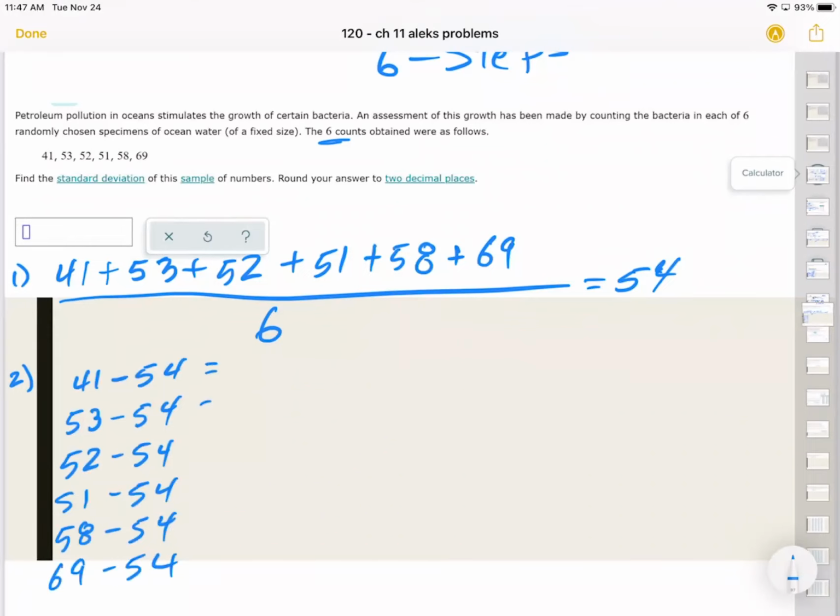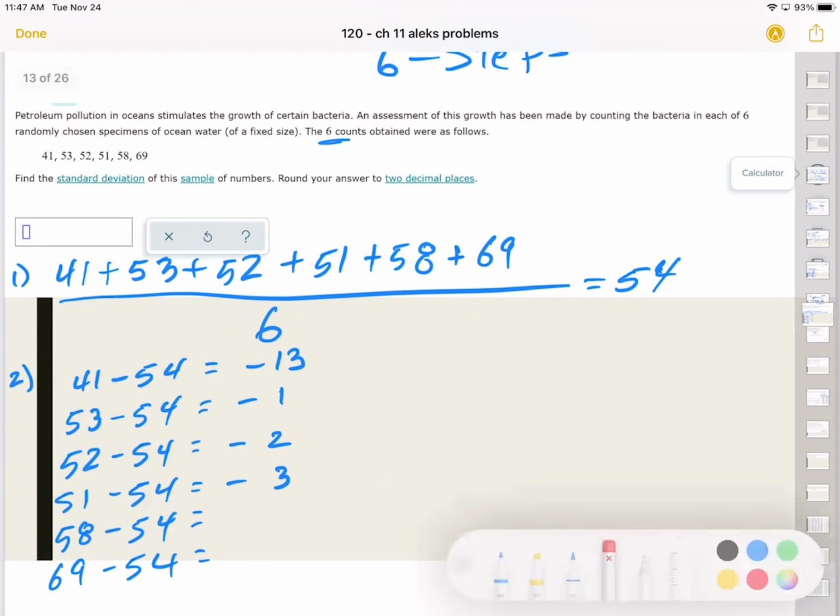Basically, I take each of my data and subtract the mean. And if I subtract this, I have a -13. If I subtract this, I have a -1. Subtract this, I have a -2. Subtract this, I have a -3. Subtract this, I have a +4.